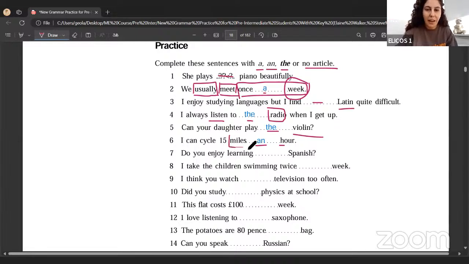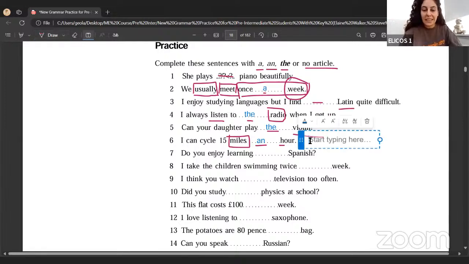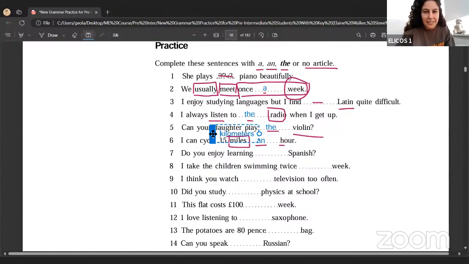And just be careful, miles is an American way. We say kilometers in Australia. So I can cycle 5 kilometers an hour, or whatever this would be equivalent to. We don't really say miles in Australia. That's American.